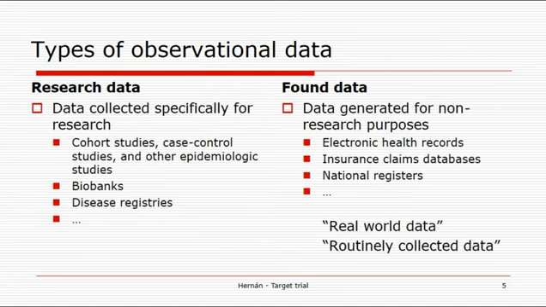So when I say observational data, I am referring to different types of data. There are observational data that have been collected specifically for research. For example, in health, there are epidemiological studies that are conducted for research.